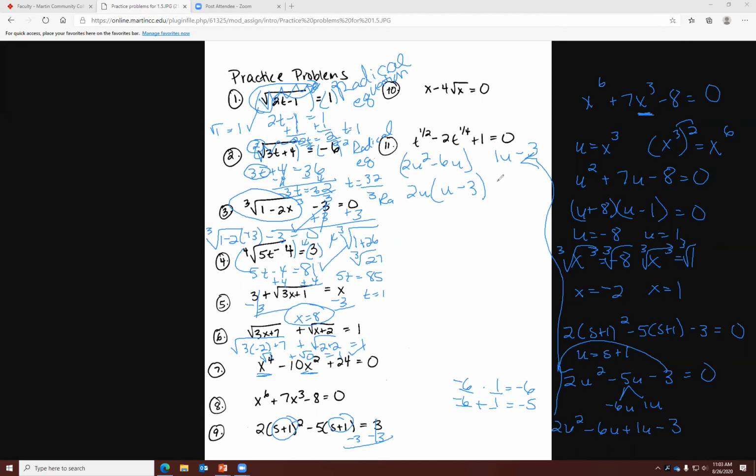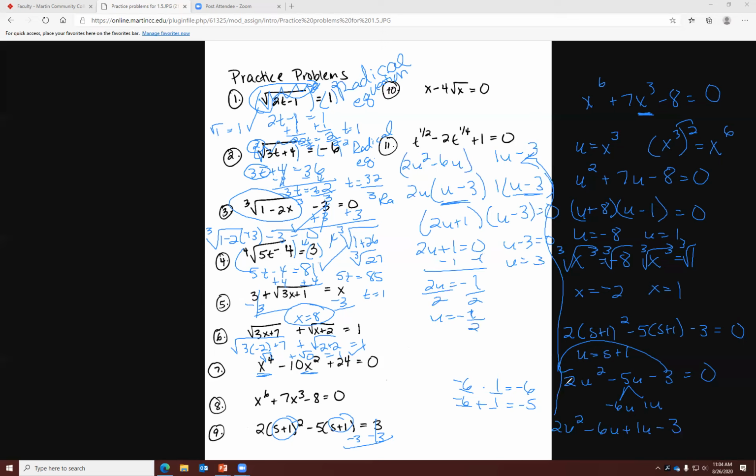And then bring out a 1. And I get u minus 3. These are the same, so my factor becomes 2u plus 1 times u minus 3 equals 0. Solve. 2u plus 1 equals 0, u minus 3 equals 0, u equals 3, and u equals negative 1/2.